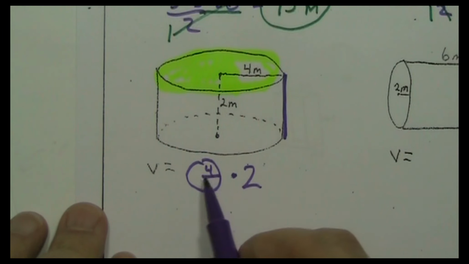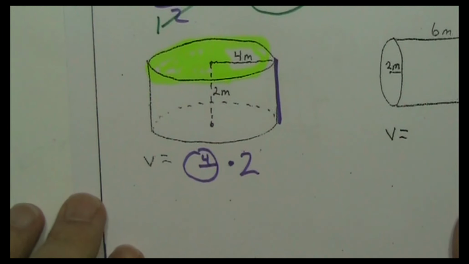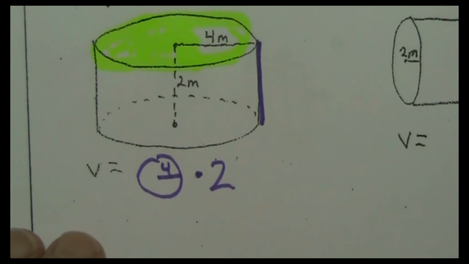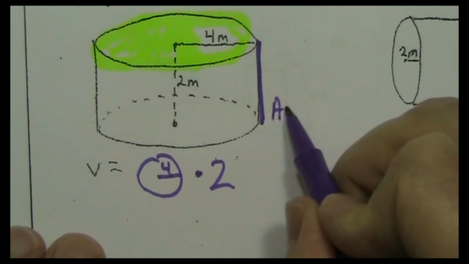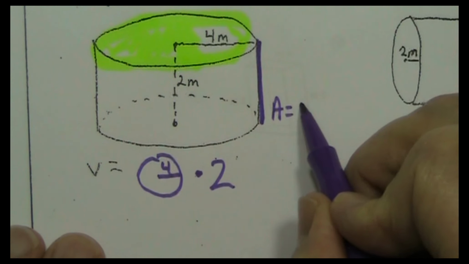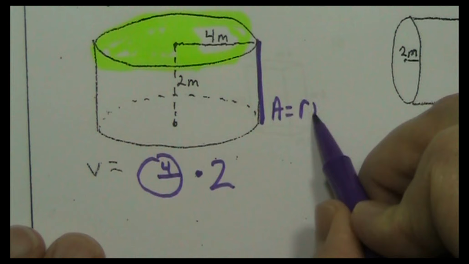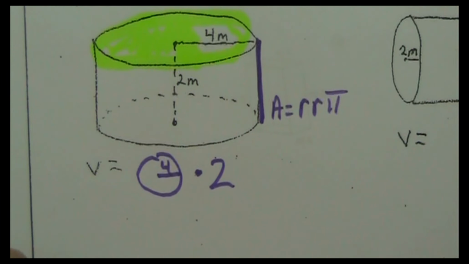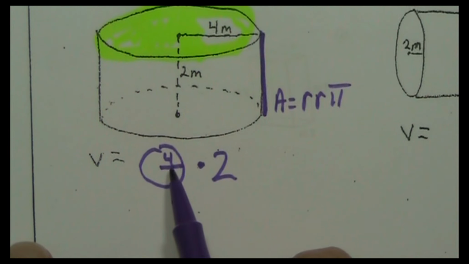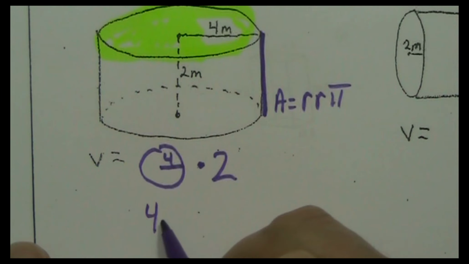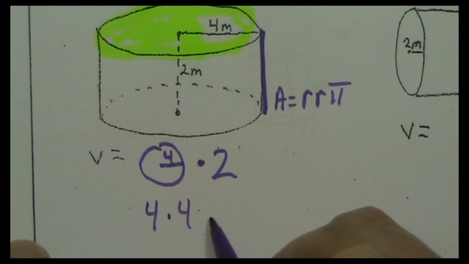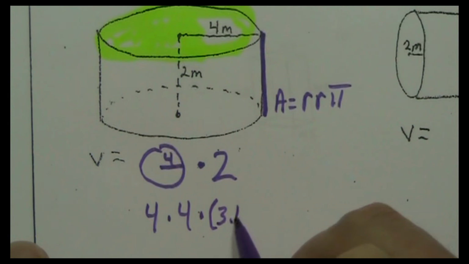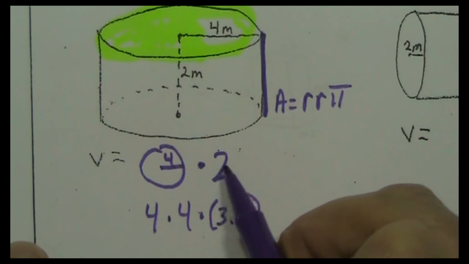Okay, so let's see, how do we figure out the area of this? The area of a circle. Well, area of a circle is pi r squared. So if the radius is 4, then I'm going to have 4 times 4 times pi times 2.